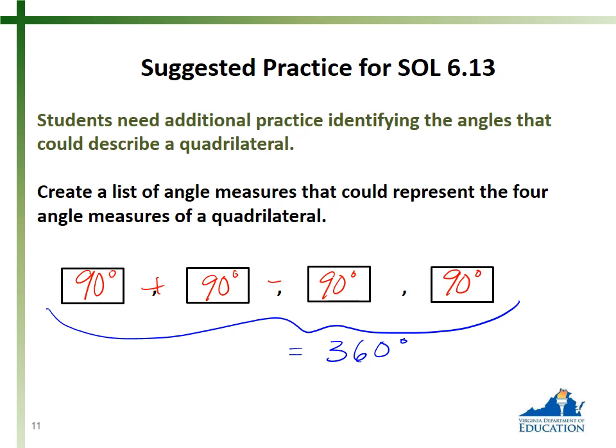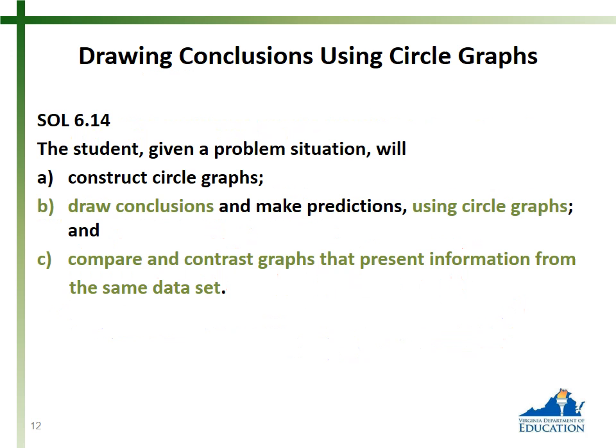And so when I add up all 4 of these, they all equal 360 degrees. So of course there's lots of different combinations. You can do 100 degrees, and 100 degrees is 200. And then you can also do 80 and 80. And so there's a lot of different combinations here.